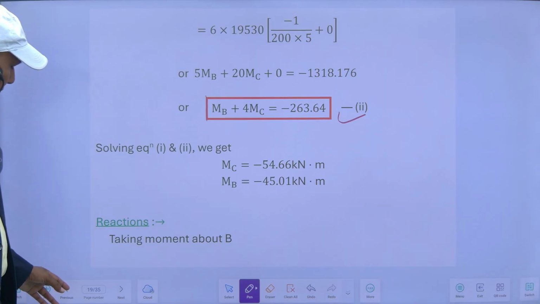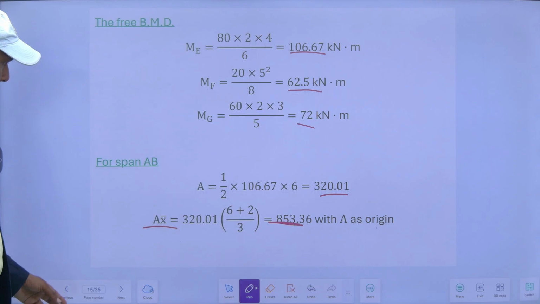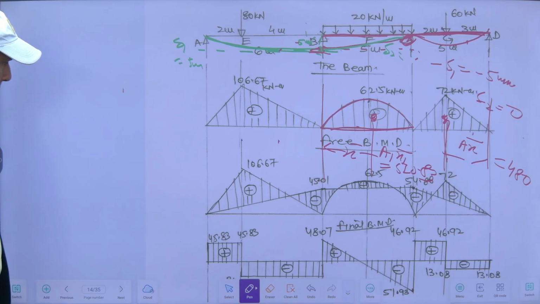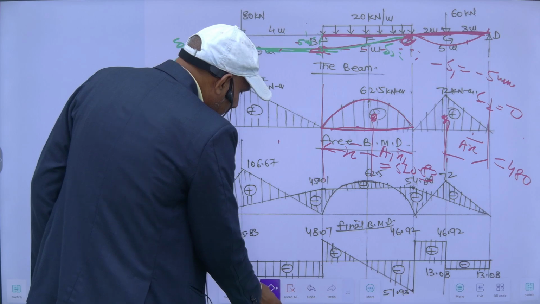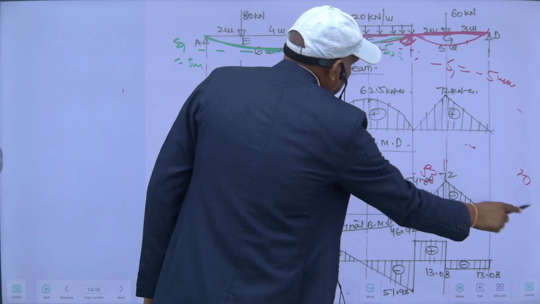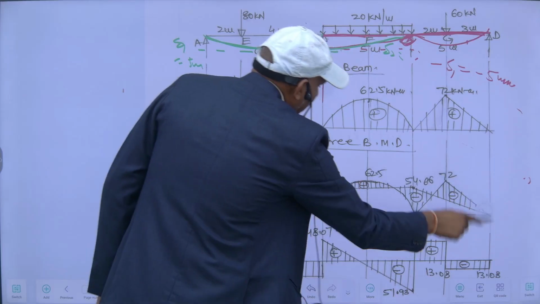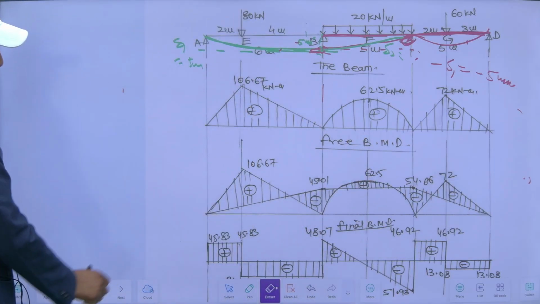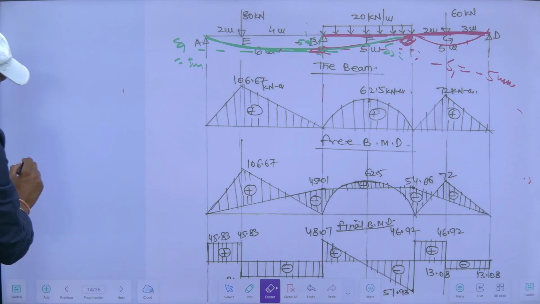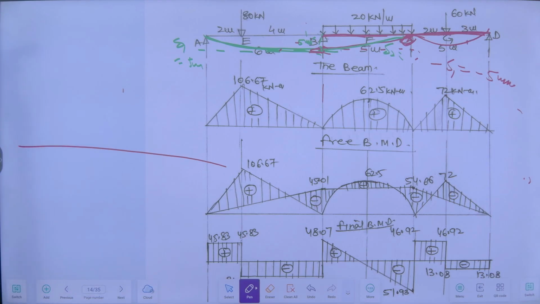Now, this is my free BMD. This is the free BMD, and the fixed BMD will be like this.